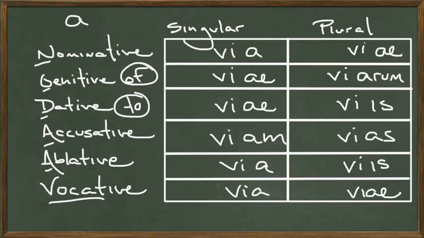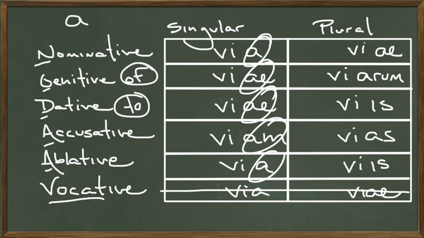However, if you're just memorizing these, chances are you're not going to have to memorize the vocative, and you're only going to be focusing on the endings. And you would just run through the list: ae, arum, is, as, is, over and over again until you had it down.